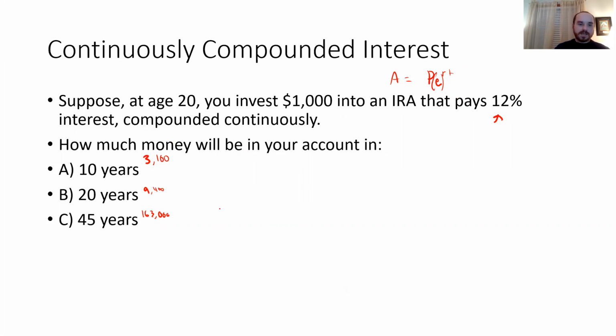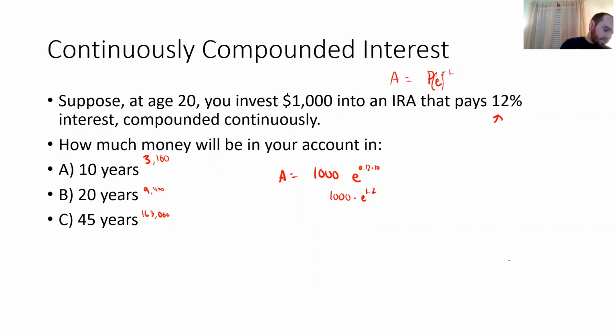So in this case, after 10 years, we've got A equals 1,000 times E to the power of 0.12 times 10. So that's 1,000 times E raised to the 1.2 power.